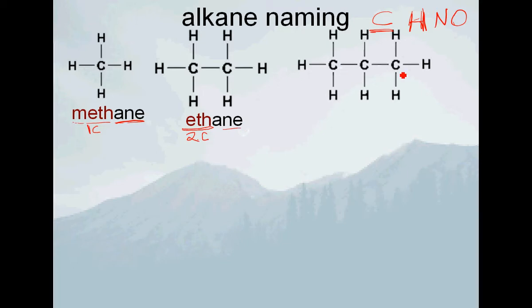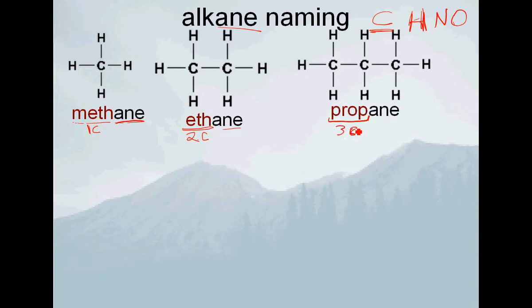If we have 3 carbons all connected to each other and everything else is bonded to a hydrogen, all nice single bonds, that means, again, it's an alkane, so we know it's going to end in ANE, and all we need to know is the letters that represent 3 carbons. Those letters are prop. So anytime you see prop, that means 3 carbon atoms.